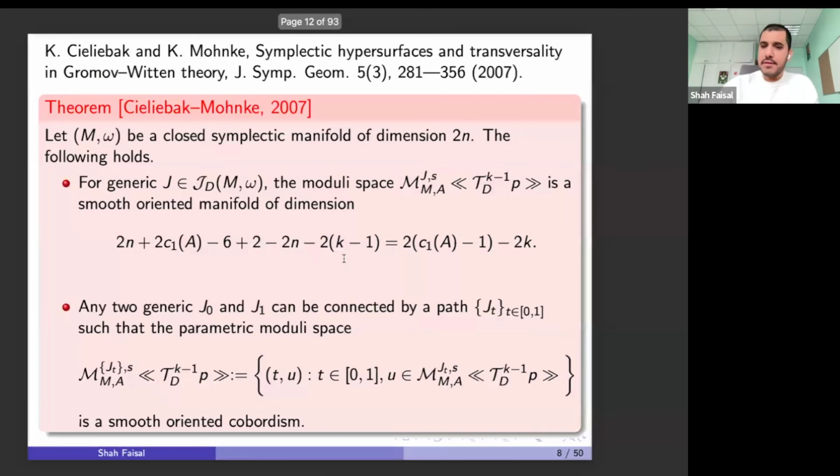And if you take two regular almost complex structures, then you can find a generic path connecting them such that the corresponding parametric moduli space would be an oriented smooth cobordism. All right. So the reference for this is this paper of Cieliebak and Mohnke, 2007.